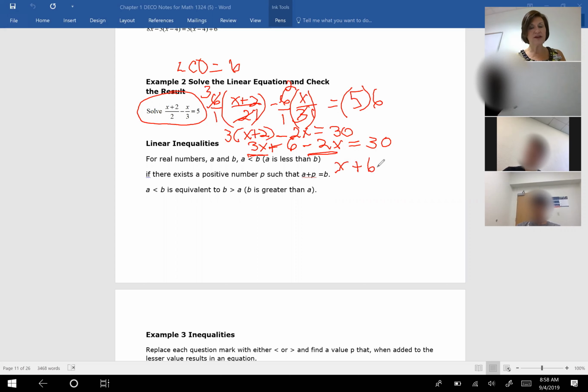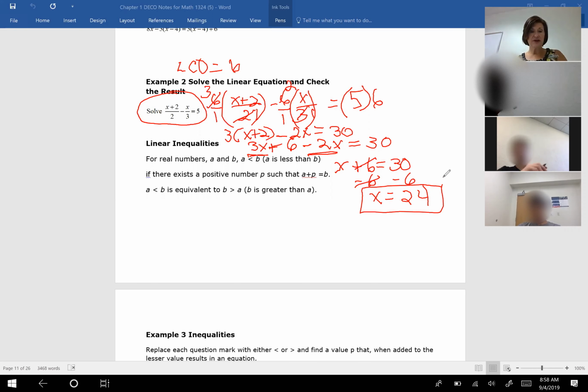And if you want to put the 1 in front of the x, you can, but you don't need it. And then you would do what? To get x by itself, subtract 6. And if I do it to one side, I've got to do it to the other. And that means x equals what number? 24.